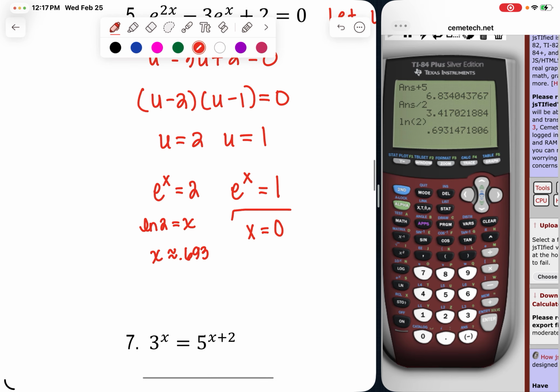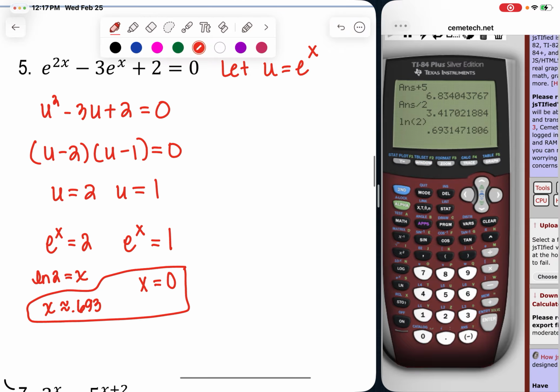So my two solutions are 0.693 and 0. Just going to live with that right there. Okay? So that's how I like to do it. If you just wanted to factor this e to the x minus 2 times e to the x minus 1 equals 0, that's great for you. It's not great for me.